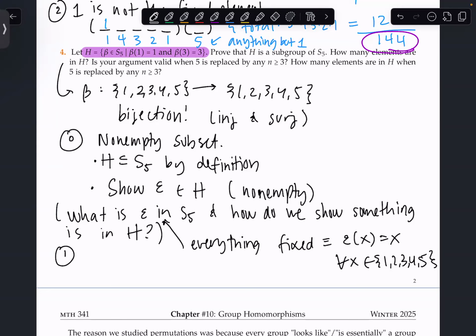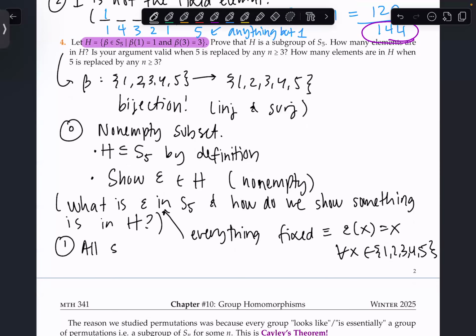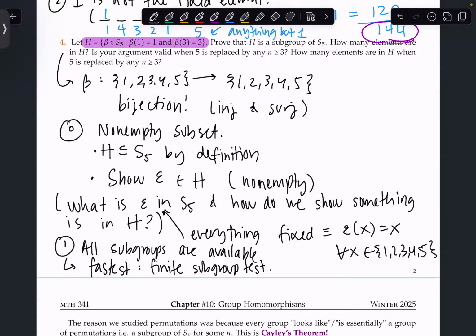So I could use my 1-step test, I could use my 2-step test, or I can use my finite subgroup test. So all subgroup tests are available. But the fastest here is going to be the finite subgroup test. What would I have to show for my finite subgroup test? What's the only thing? This one only requires one thing.